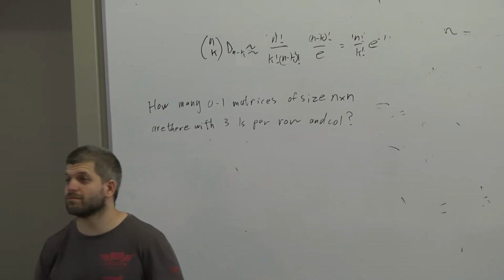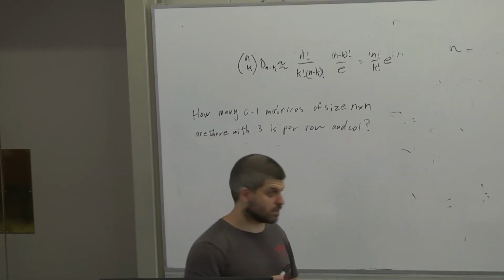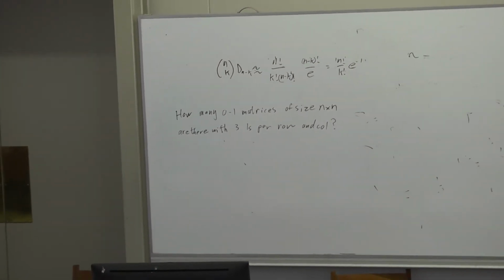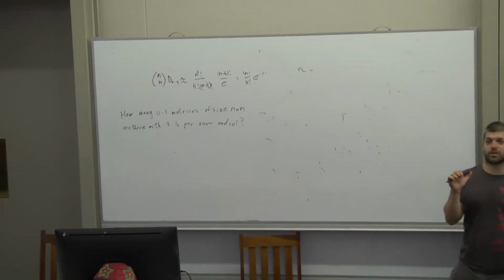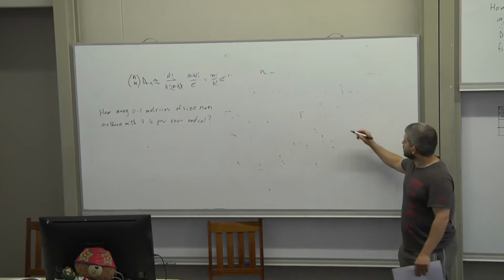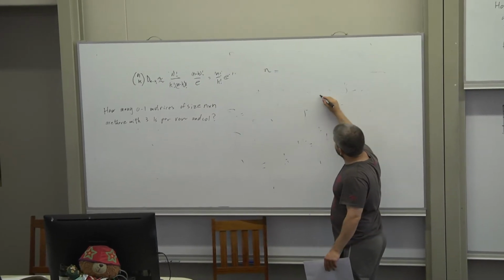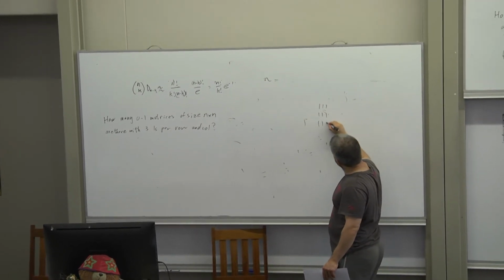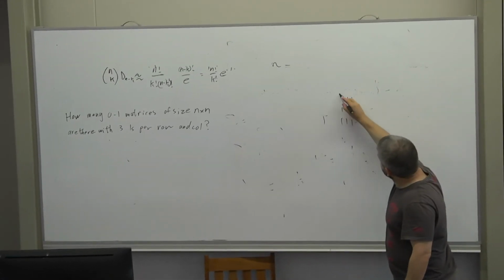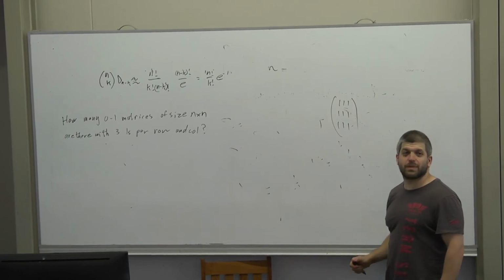Matrices with only zeros and ones, mostly zeros, with 3 ones per row, 3 ones per column. So if n equals 3, there's just the 1. If n equals 4, it's going to be a bit more complicated.